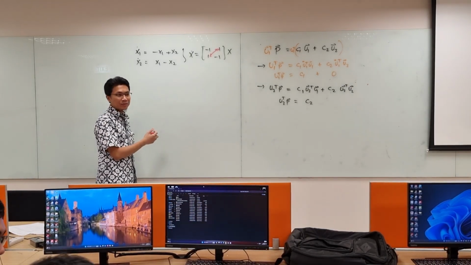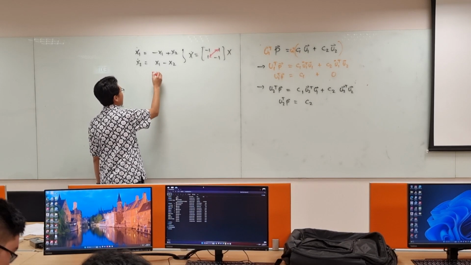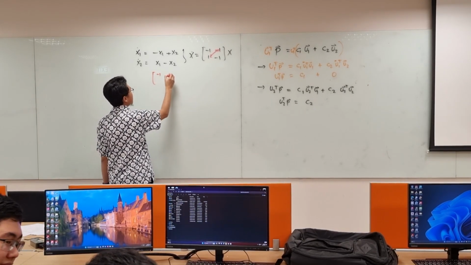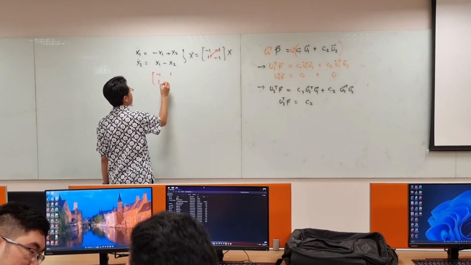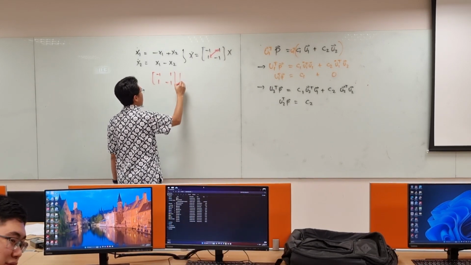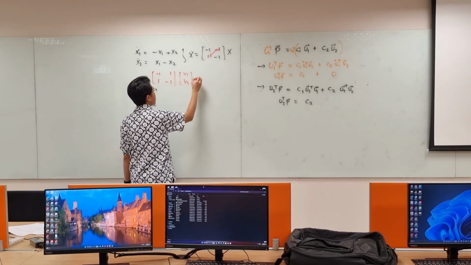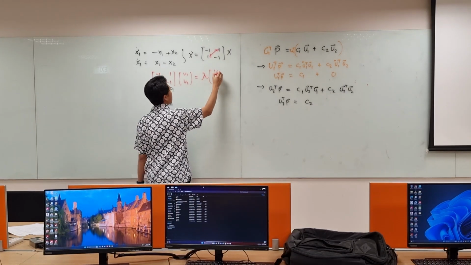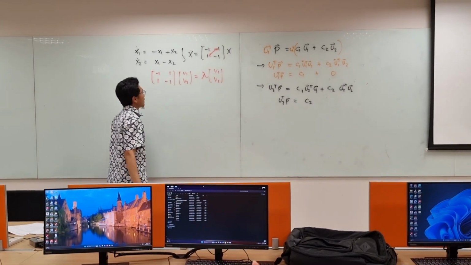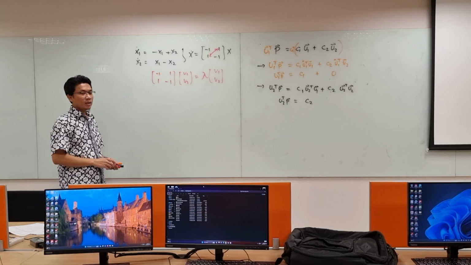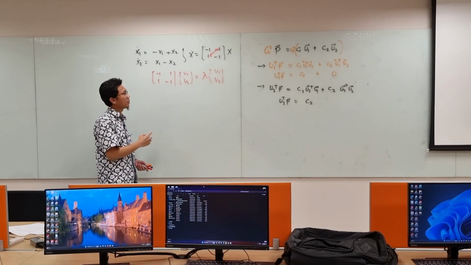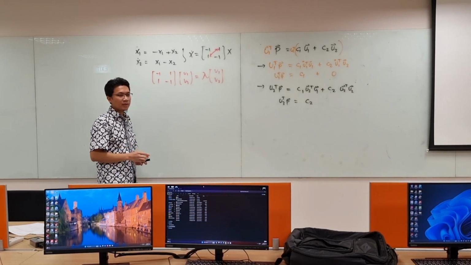Okay, now the eigenvalue of A. Now we have V1, V2 equal to lambda V1, V2. The first eigenvalue is clearly 0. How do we know that?